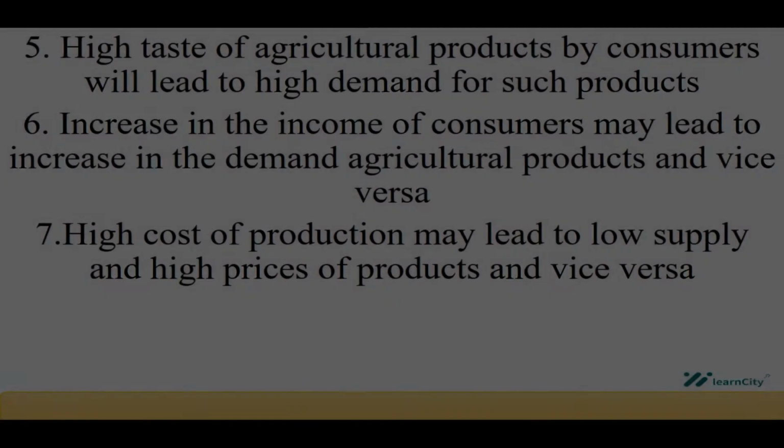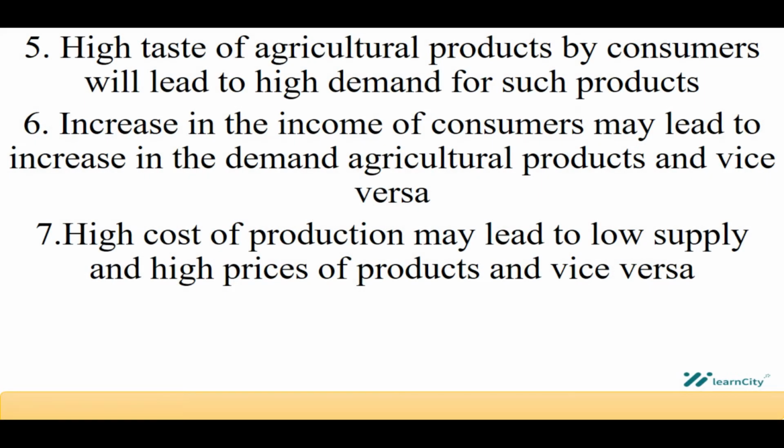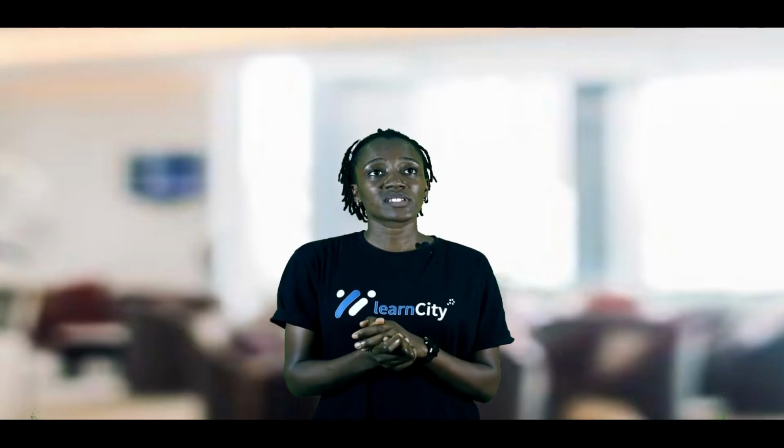Another one is that high cost of production may lead to low supply and high prices of the product. High cost and lack of farm inputs may lead to low supply and high cost of farm products, and vice versa.